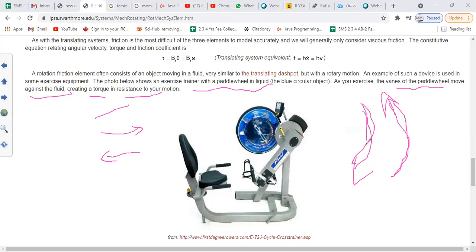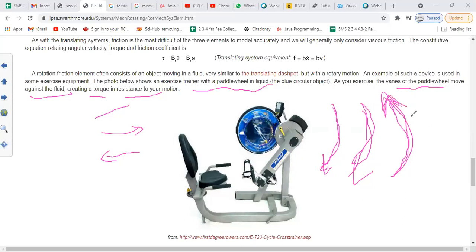Similarly, the torque is in this direction. Why I'm drawing it like this means it is a rotational device, a mechanical rotational system. If this is the applied torque in this direction, the opposing torque, nothing but the friction, is in this direction.